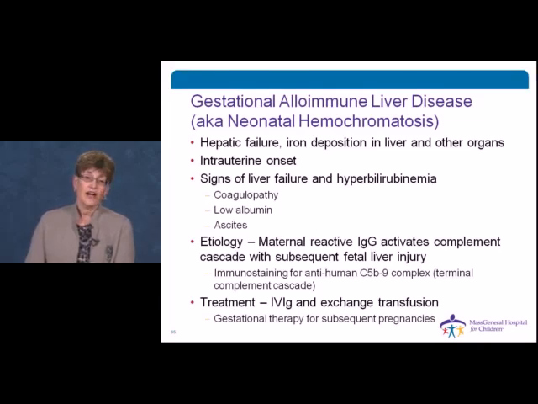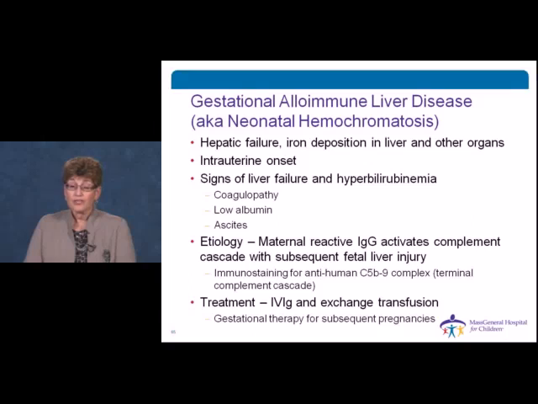Treatment now has become much more effective. We really did not have an effective treatment for this before, except for liver transplantation, and many children and infants died with this. But now intravenous immunoglobulin and exchange transfusion have become the standard of care, and very effective, over 80% effective.